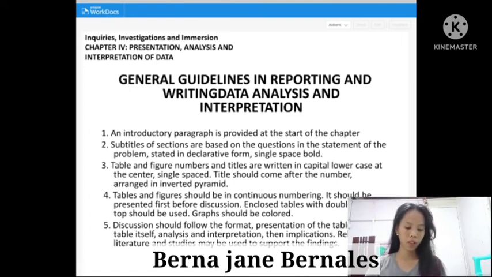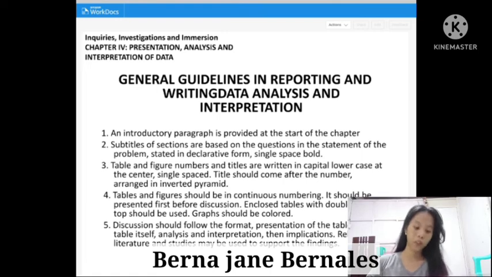So, number three, tables and figure, number and titles ay dapat nakasulat sa capital, lowercase, at the center. Dapat ay nakaformat with the longest line first followed by the progressively shorter lines.